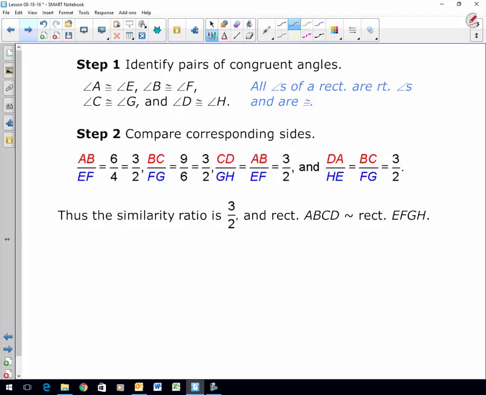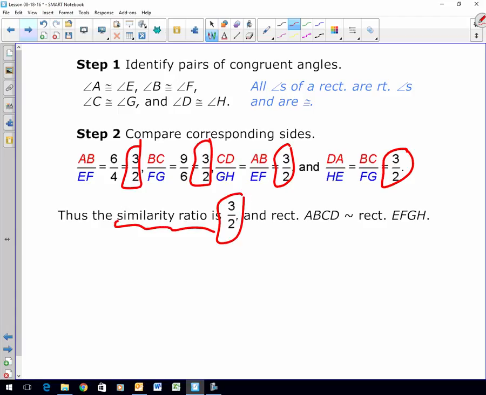At the end, after I get my 3/2 ratio for each of these side lengths, I can tell you that the similarity ratio is 3/2, and we call this a similarity statement. You see how easy a similarity statement is? Rectangle ABCD. Ooh, what's our squiggly line mean?